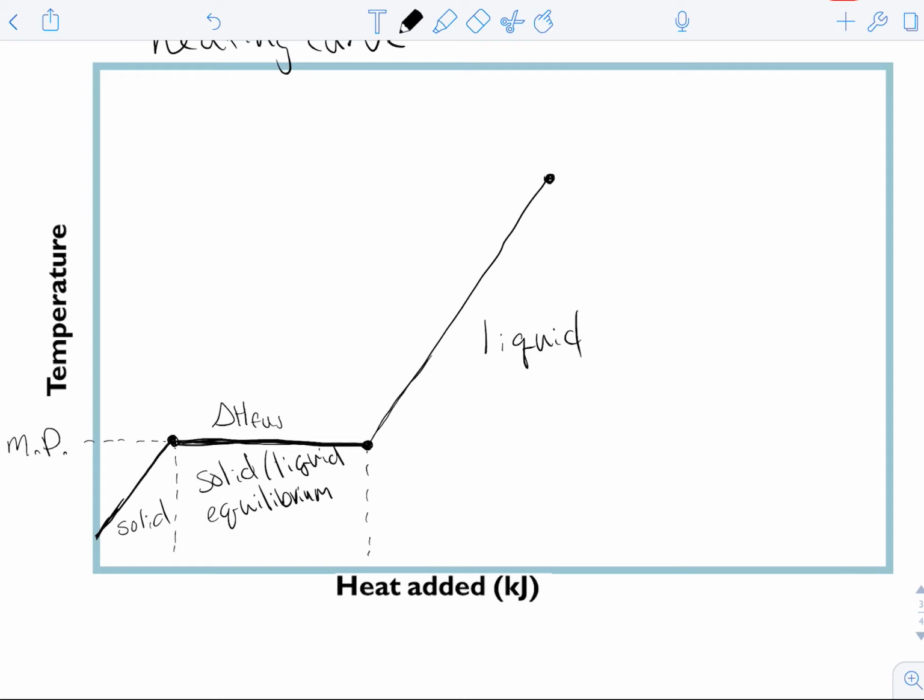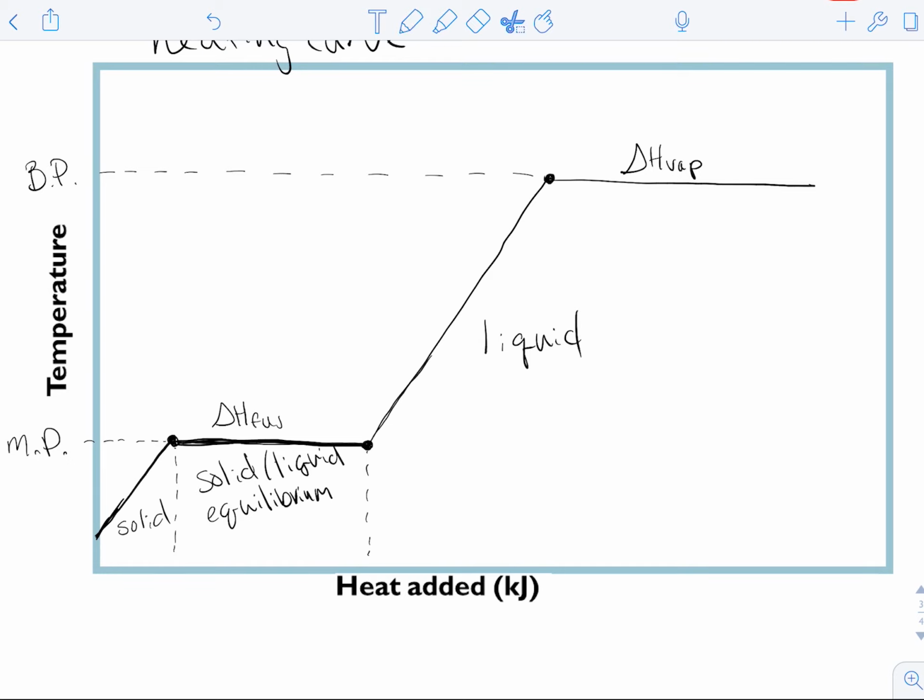And right here is going to be our boiling point. And then we add in our heat of vaporization. Generally, more energy is required here, right? Because now we're breaking all of our intermolecular forces.